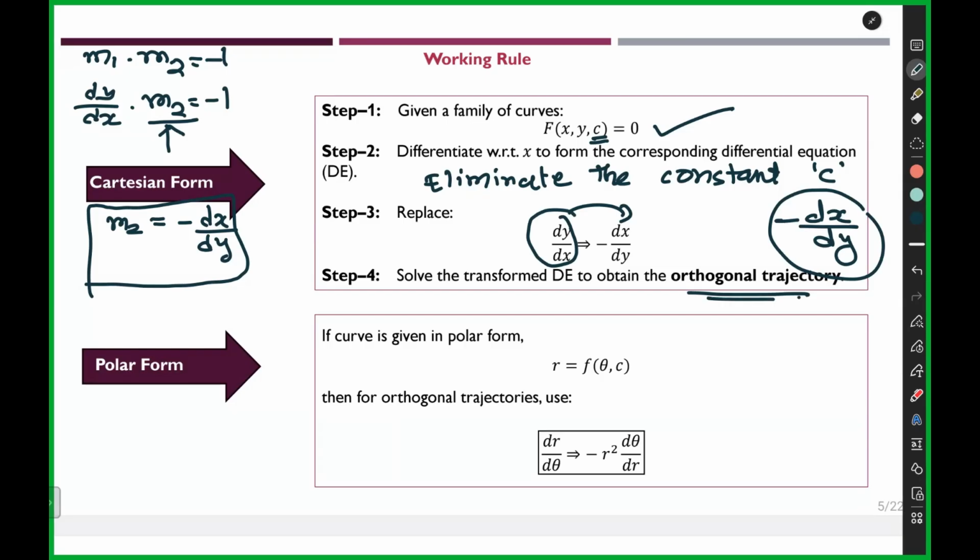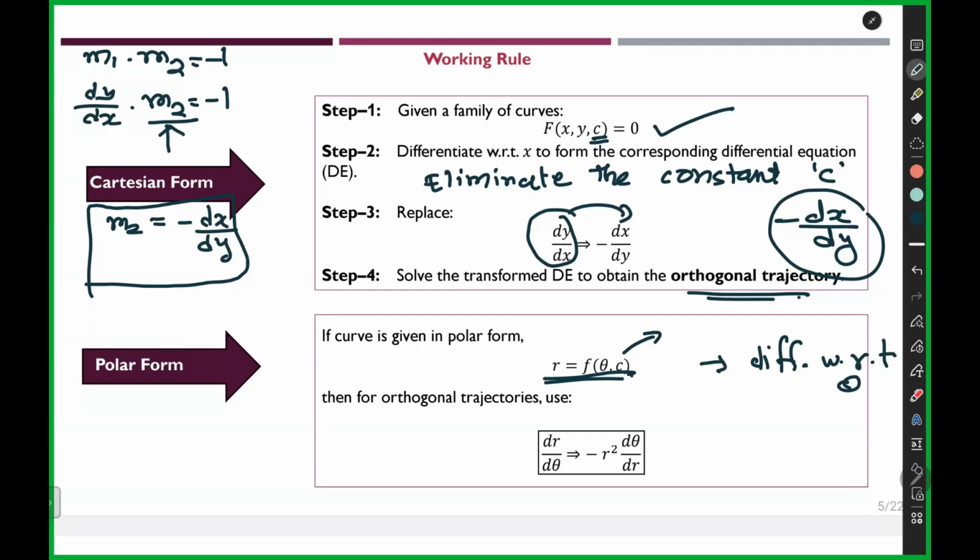Same if we go with the polar form. If in polar form we have an equation like r equals f of theta comma c, where c is constant, theta is angle, and r is radius, then again we differentiate the whole equation with respect to theta.